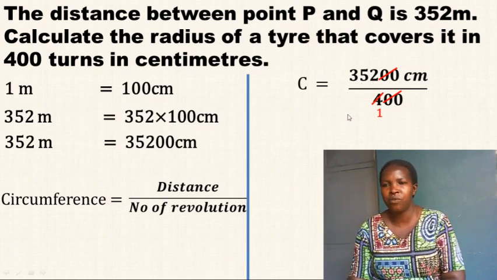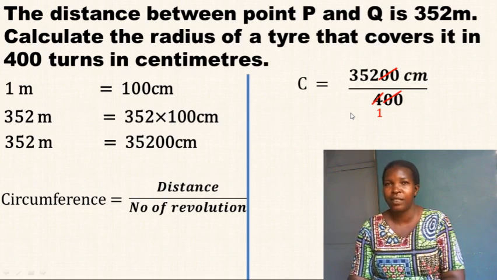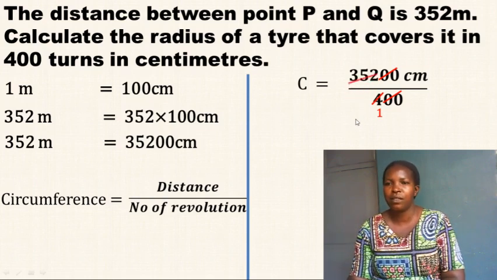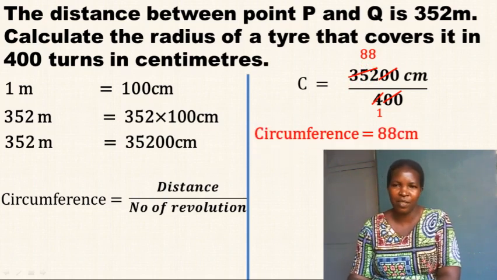That implies that 352 can be divisible by 4. Using your pens and the books you have around, yes, what is 352 divided by 4? Somebody is telling me the answer is 88. So what does it mean? Our circumference here is equal to 88 centimeters.